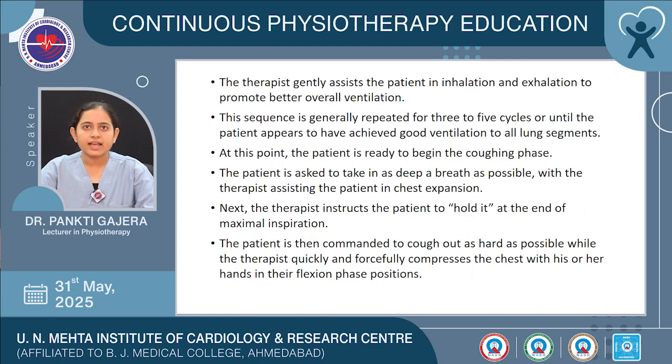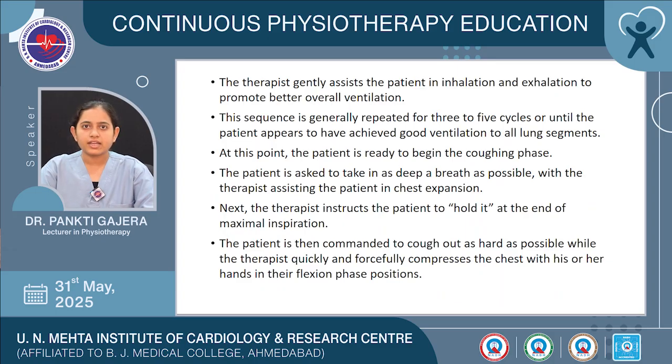The therapist gently assists the patient in inhalation and exhalation to promote better overall ventilation. This sequence is generally repeated for 3 to 5 cycles or until the patient appears to have achieved good ventilation to all lung segments. At this point, the patient is ready to begin the coughing phase.